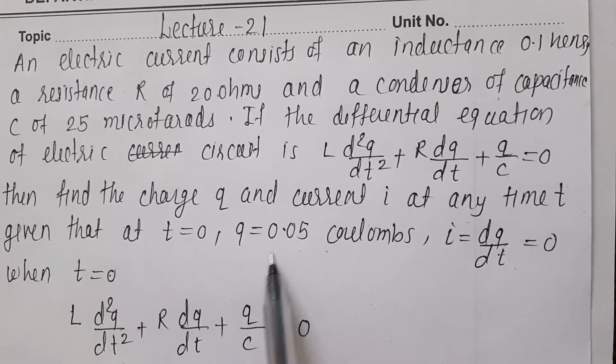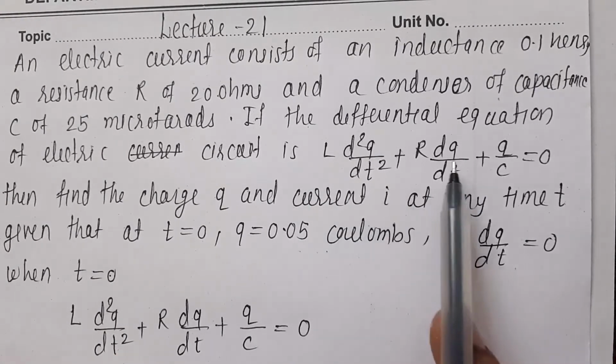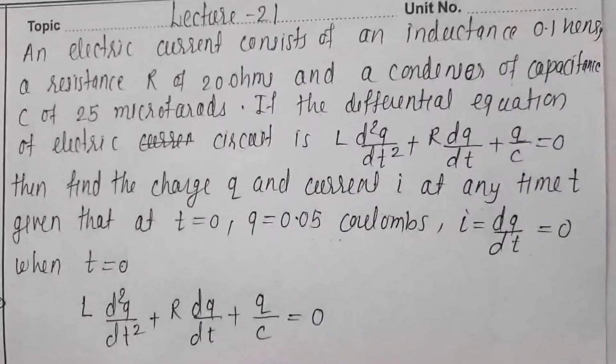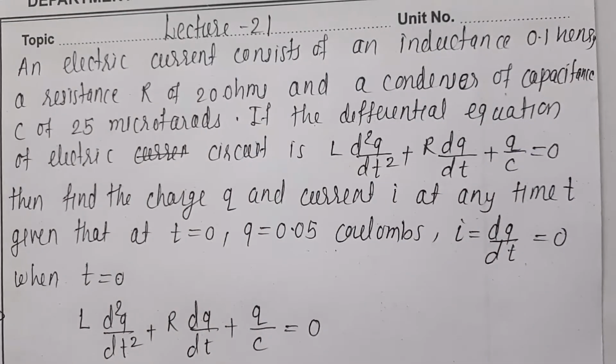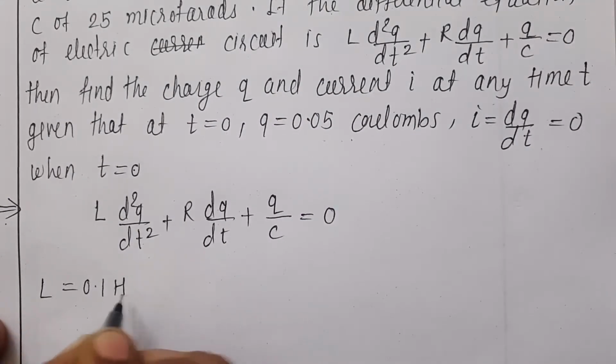So here conditions are given at t is equal to 0, q value is 0.05 and I is equal to 0 when t is equal to 0. Given differential equation is L d2q by dt square plus R dq by dt plus q by C is equal to 0. Now what are the values of L, R and C? L is equal to 0.1 Henry.